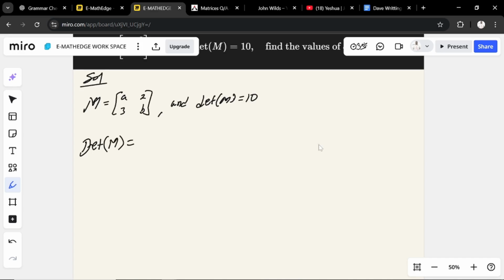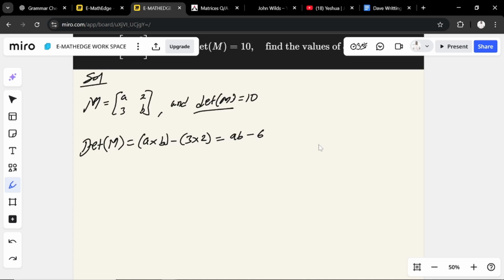To obtain the determinant of this matrix M, the product of the elements in the main diagonal, which is A and B, is going to be A multiplied by B, minus the product of the elements in the other diagonal, which is 3 and 2, 3 multiplying 2. Which is going to give us AB minus 3 multiplying 2, which is 6. And mind you, the determinant of M is equal to 10.